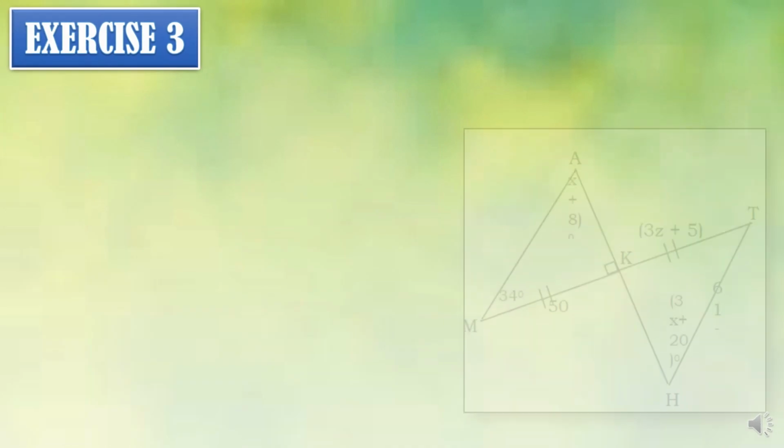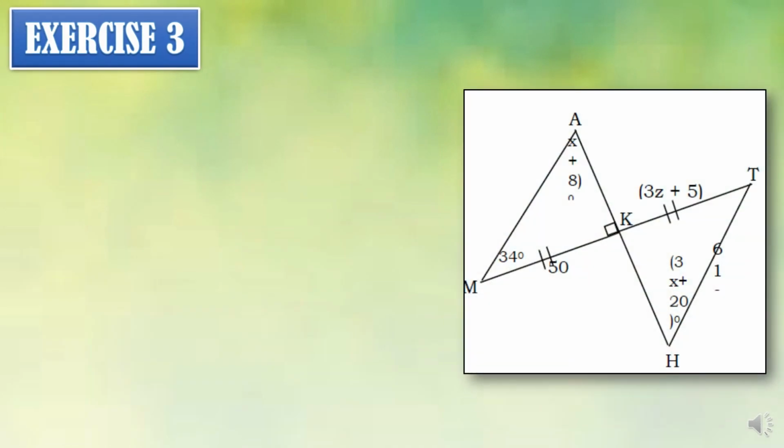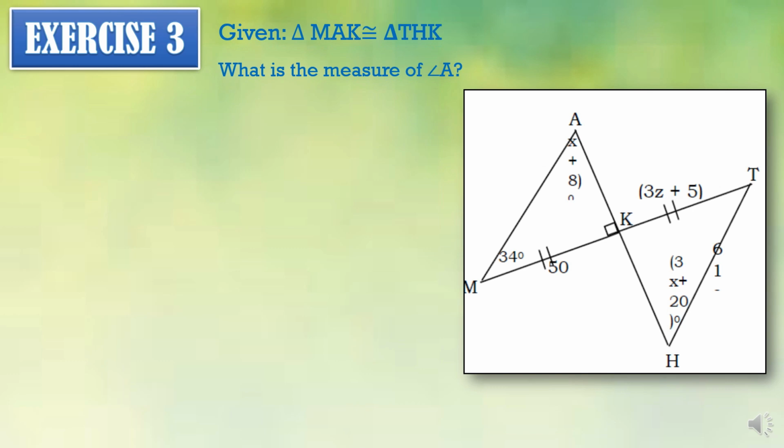In exercise 3, take a closer look at the given figure. Since the given is triangle MAK is congruent with triangle THK, the question is, what is the measure of angle A?